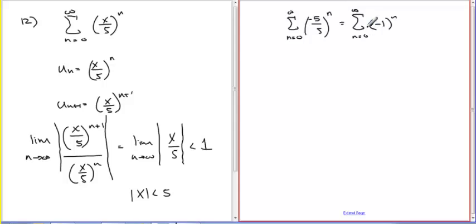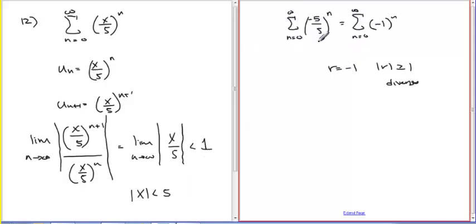So the endpoints, you have to use the other tests if they're appropriate. So we go back to the page from the handout in class, and you look and you say, oh, geometric series, a r to the n. So in this case, r is equal to -1, and it says if the absolute value of r is greater than or equal to 1, it diverges. So at -1, it diverges.